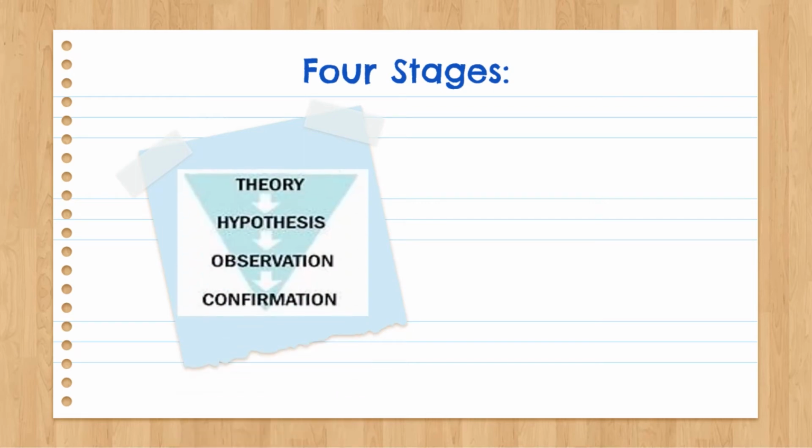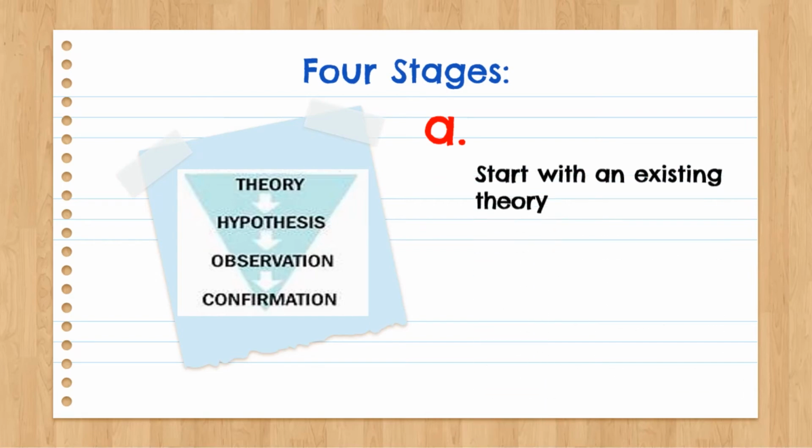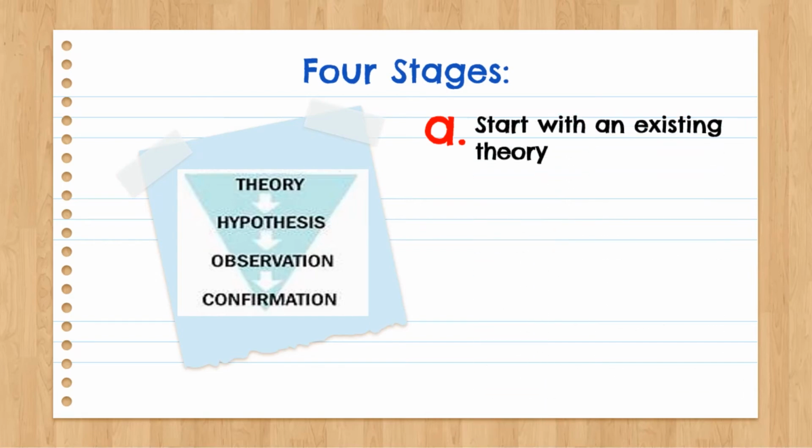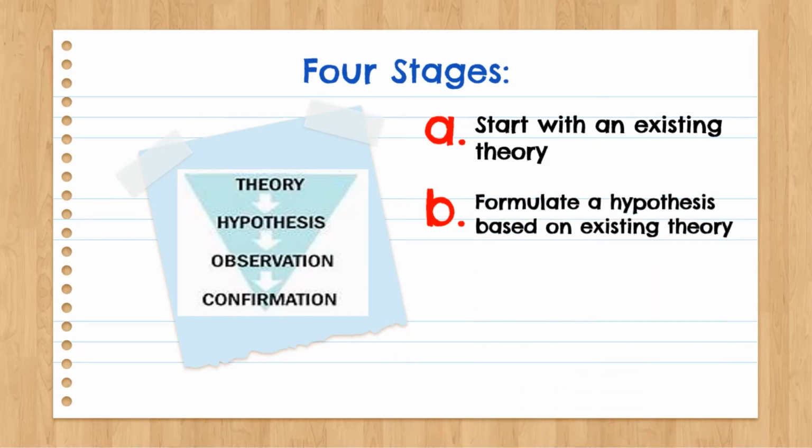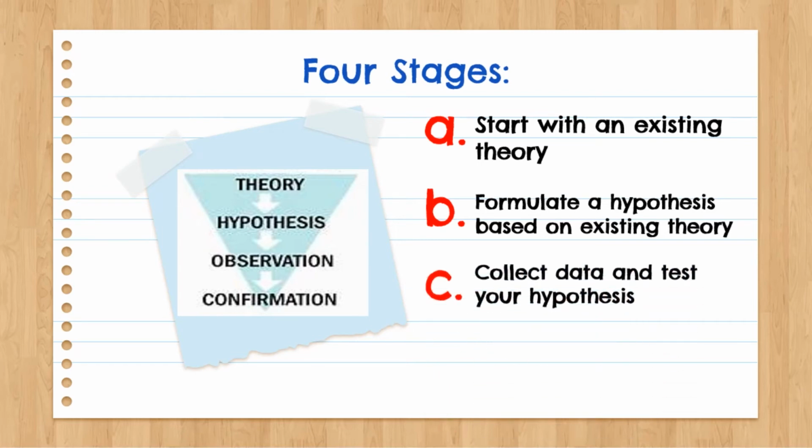These are the 4 stages of this research approach. First, start with an existing theory, followed by formulate a hypothesis based on existing theory. Then, collect data and test your hypothesis.